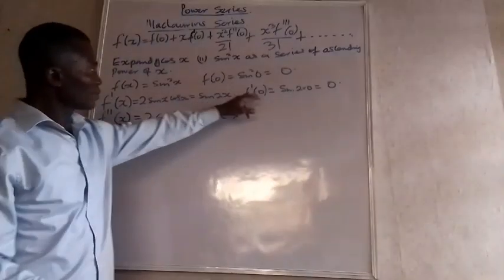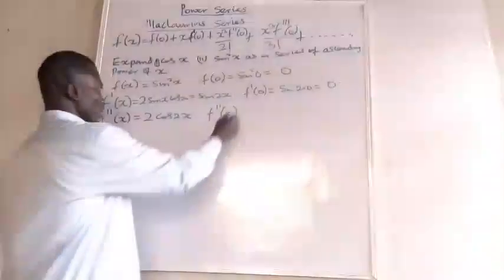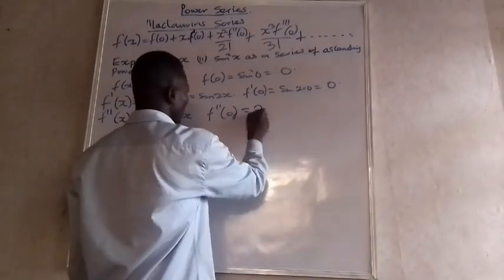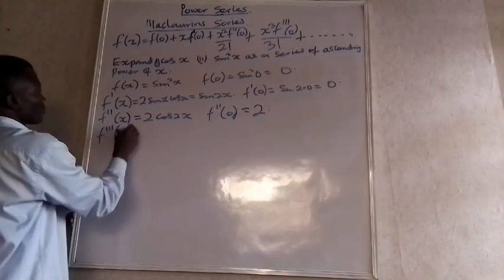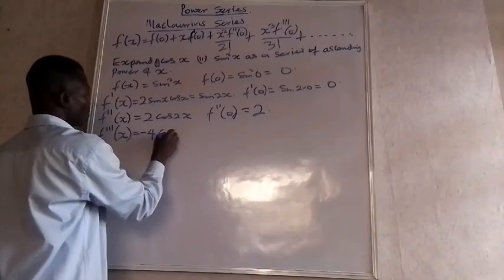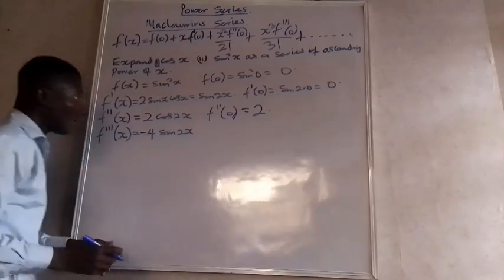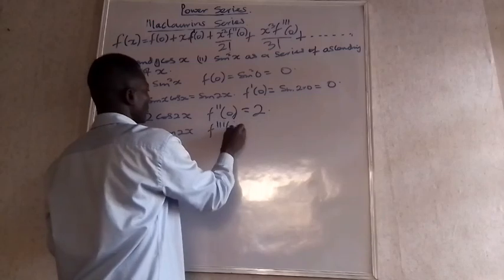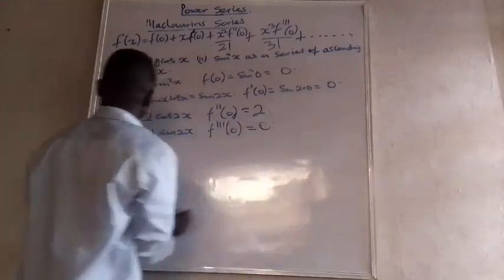This is what you need. The values of the differentials at 0. That's what you have to get. So if I put 0 here, it's going to be 1 times 2. For the next one, it's going to give me minus 4 sin 2x. And what does that give me? 0.